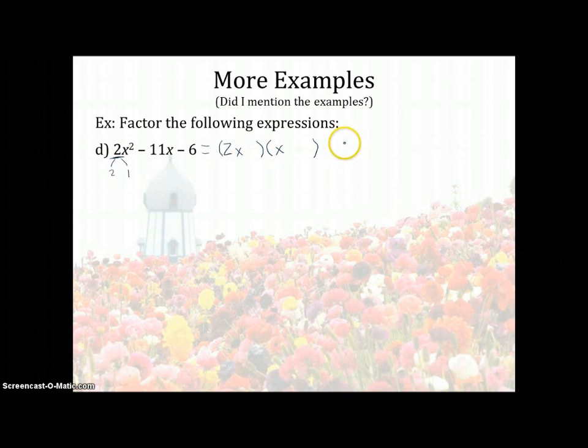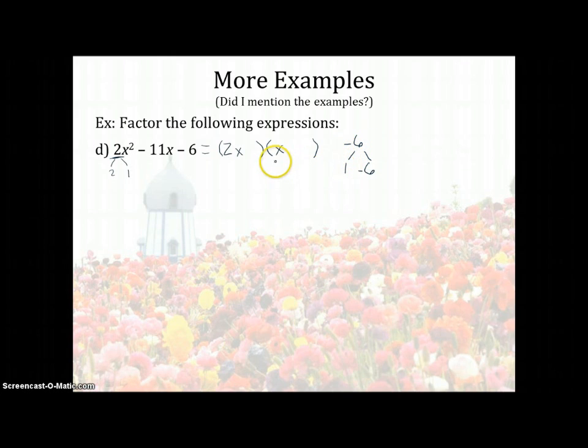So while we still want to find two numbers that when multiplied give us negative 6, now we have to consider that we multiply one of the numbers by 2 when we add up in order to try and find negative 11. So here I'm going to try the factors 1 and 6. If I make the 6 negative, 1 times negative 6 is going to give us our negative 6 that we want.